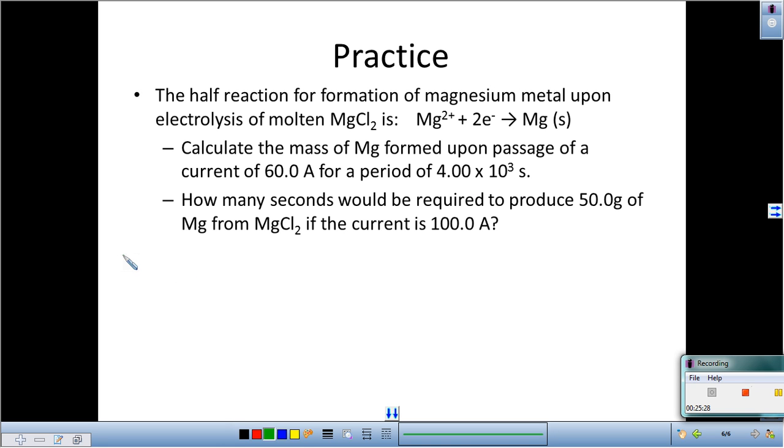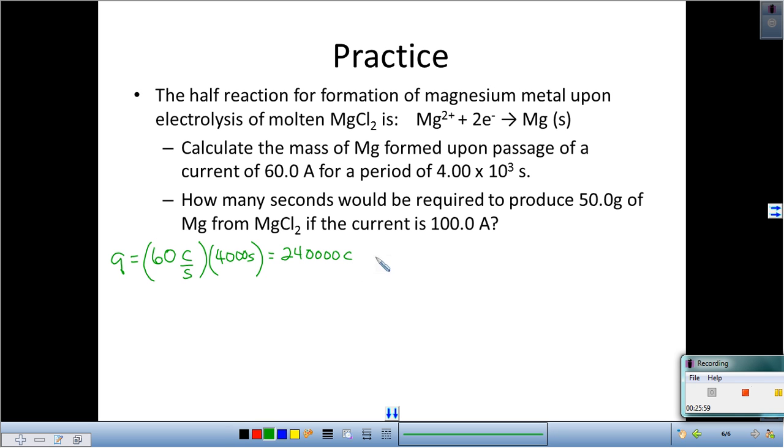So our coulombs are equal to 60 coulombs per second times 4,000 seconds, which gives me a total of, it's 4,000 seconds, I'm sorry, 240,000 coulombs.